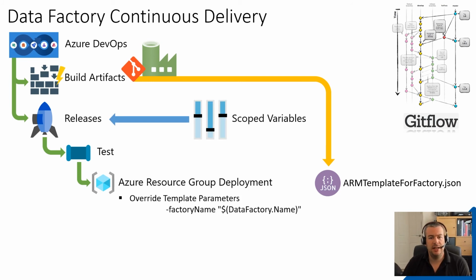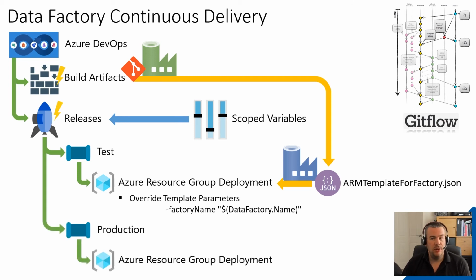We might give it some parameters to override the content in our ARM template, and we might use some scope variables within our release to do that. Fairly common, hopefully, within an Azure DevOps release process. We trigger that release and we get our test data factory.